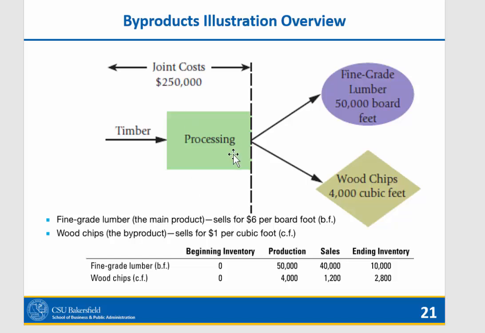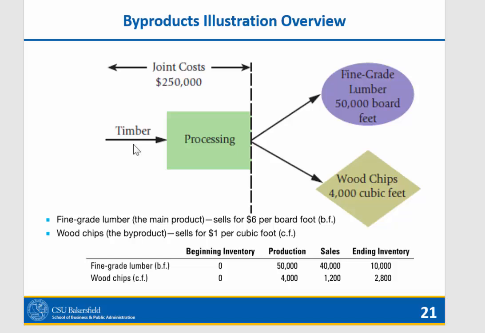We have only 4 slides left. The first slide is about this particular example. The timber is going to be processed into the main product, called fine grade lumber, measured in board feet. The next one is the wood chips, and you have only 4,000 cubic feet, a very small amount.